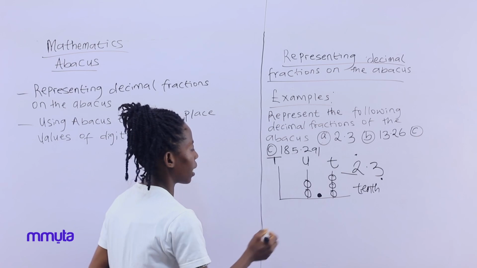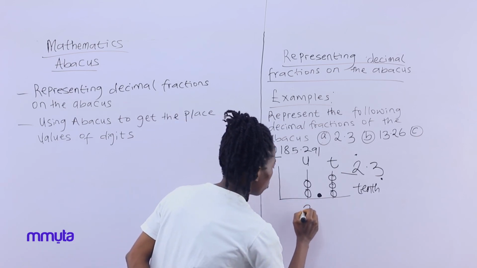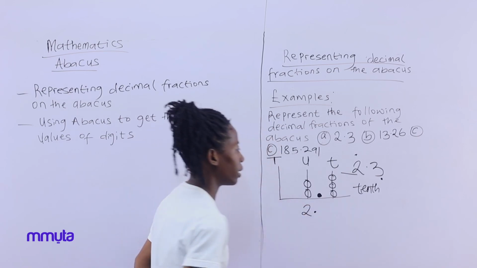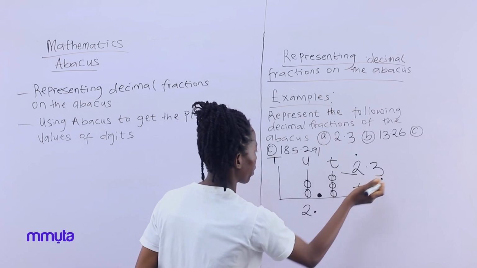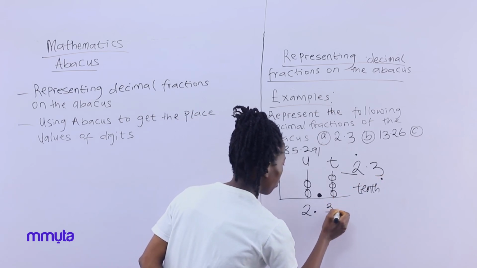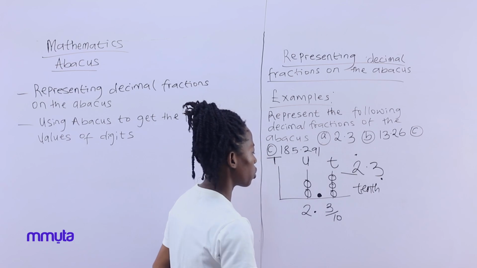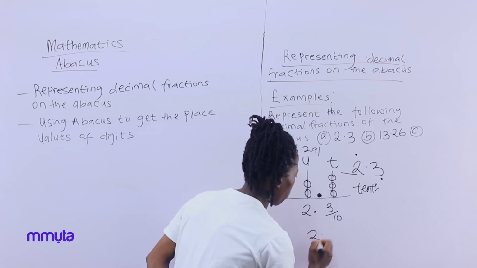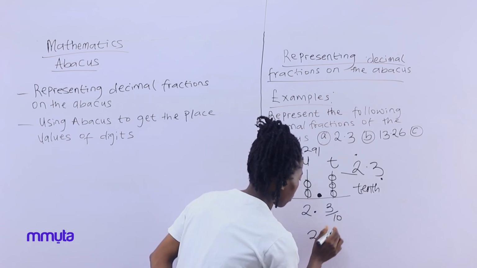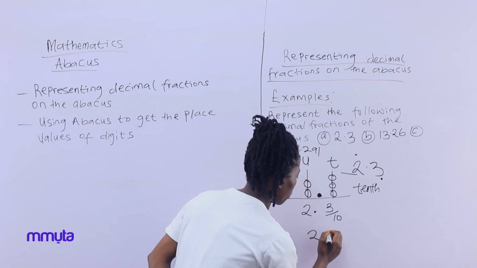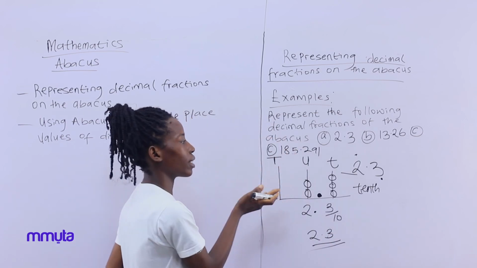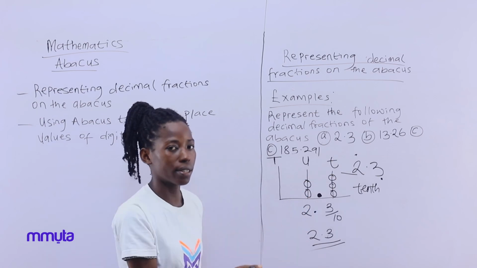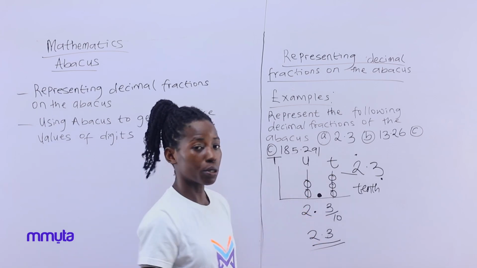We can say that you have 2 units and a dot, and then you represent the 3 as 3/10, which gives you 2.3. So this way, you have represented the value 2.3 on the abacus.